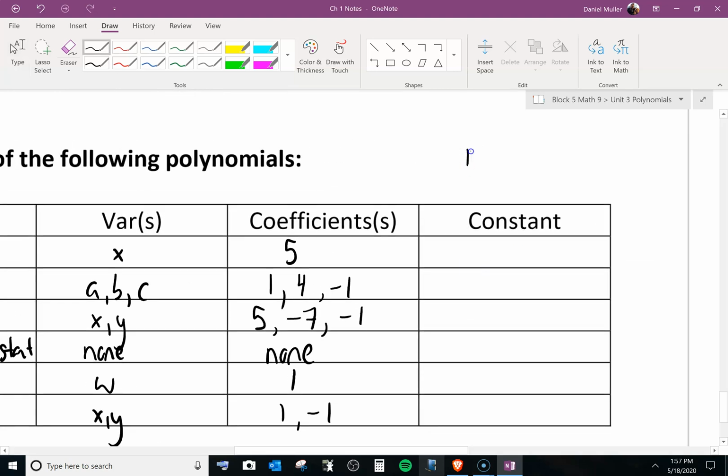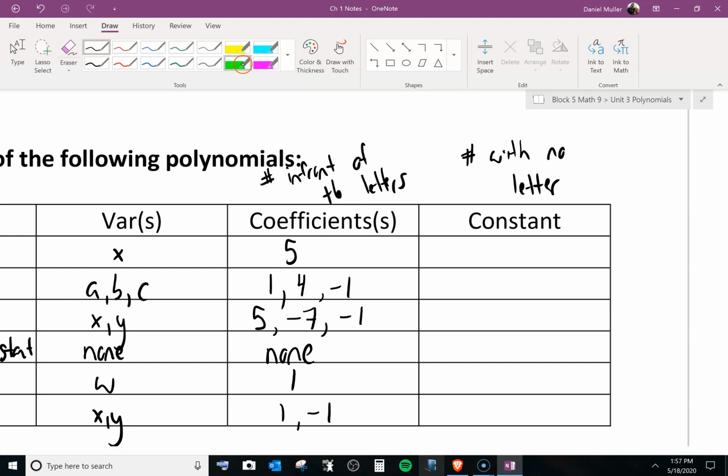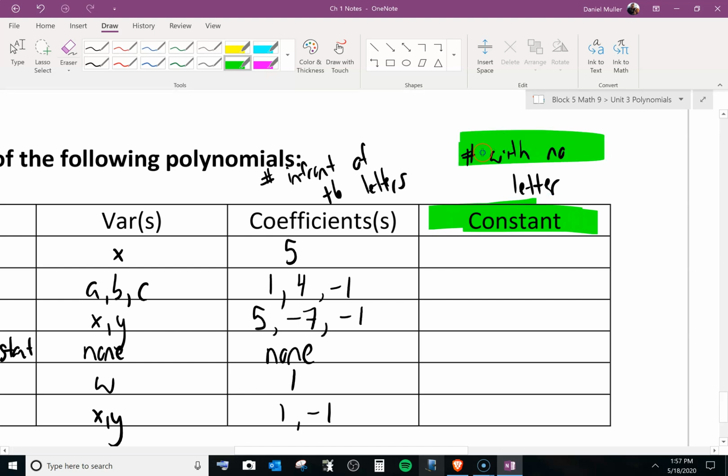That is the number with no letter. Compare that to a coefficient. It is the number in front of the letter or letters, the variables. So we're looking for a constant right now. That is the number that has no letters attached to it.